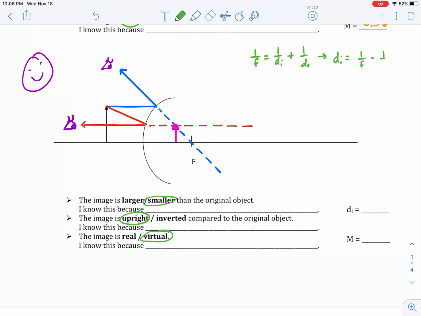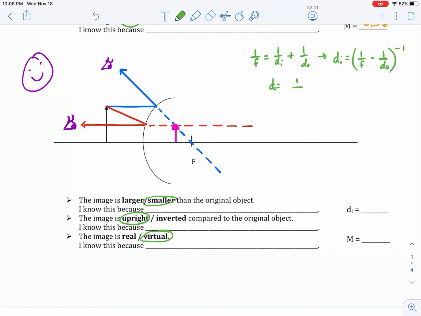where we are solving for the distance to the image, which is going to be 1 over f minus 1 over d, and then we're going to take those values and invert whatever that came out to be.